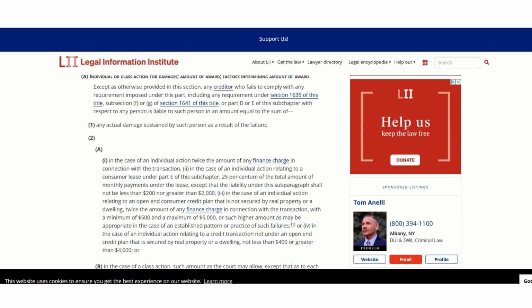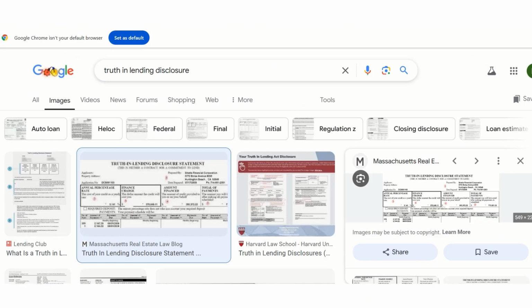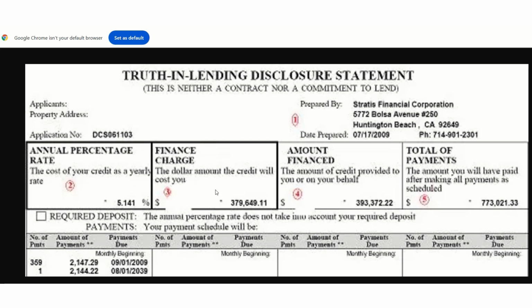So let's add this up real quick. How much this person would get. Picture this is you. This is your finance charge, and it's inaccurate. Now you found out about the inaccuracy, you sued them, and now they owe you twice the amount of the finance charge.